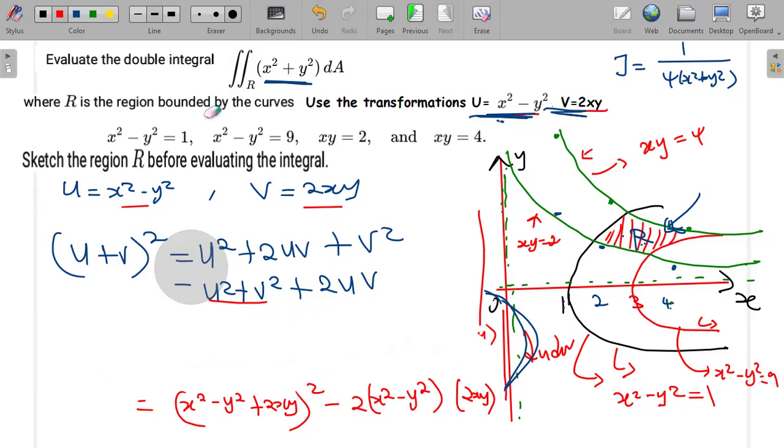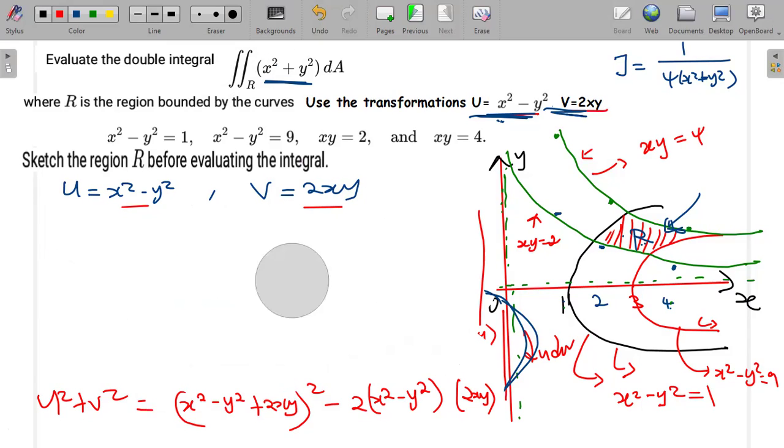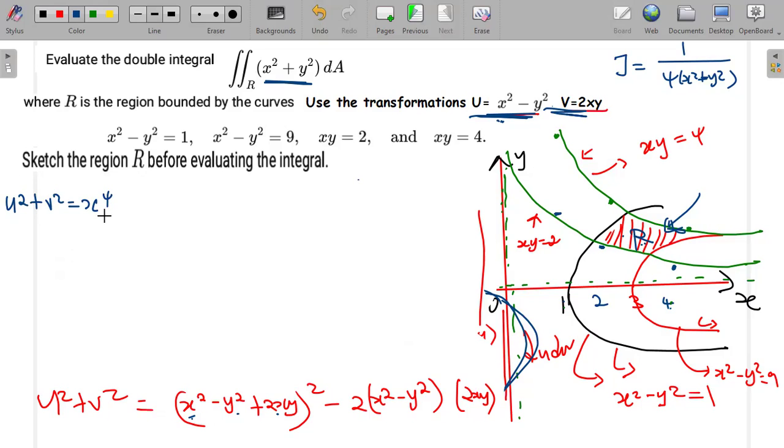So let's continue expanding this. So remember, this is u squared plus v squared. So let's expand the right-hand side. So it's simply this x squared multiplied by itself, multiplied by this, multiplied by this. So I'm going to say u squared plus v squared equals x squared multiplied by itself, I get x to the power 4. Multiplied by this one, I get minus x squared y squared.